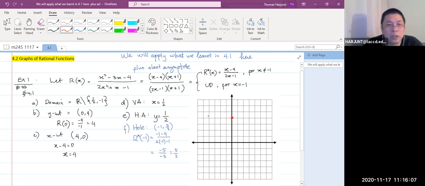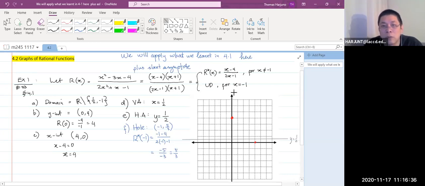Okay, that's the y-intercept. The x-intercept is (4, 0). Horizontal asymptote, y equals 1/2. And then the vertical asymptote is x equals 1/2.